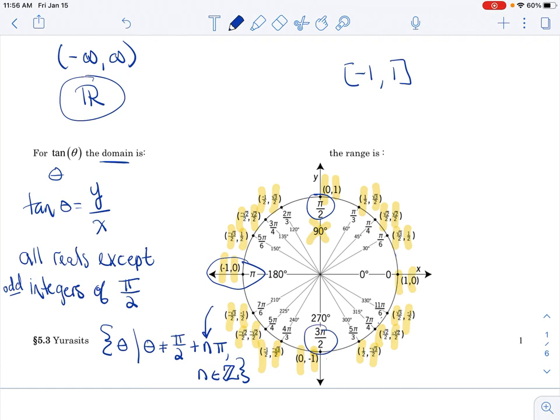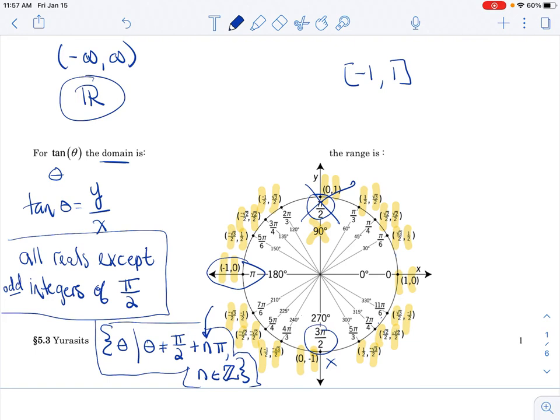And what do you know? Yep, that does not work. So this notation is saying, no matter what, you can't put in this value and you can't put in this value. Even if you go around the circle like a trillion times, these will take care of it. And it's telling you that you cannot put it in because your output would be undefined.